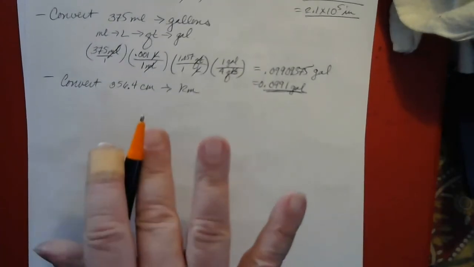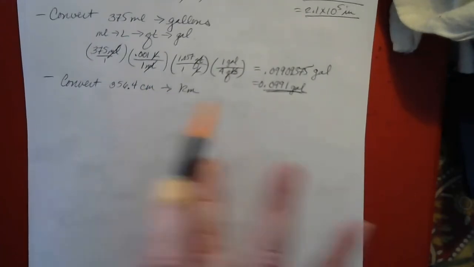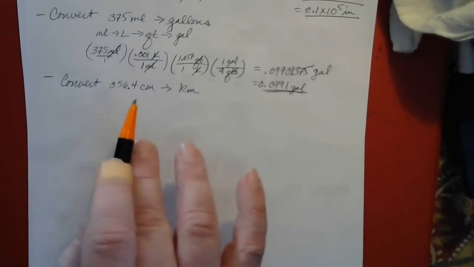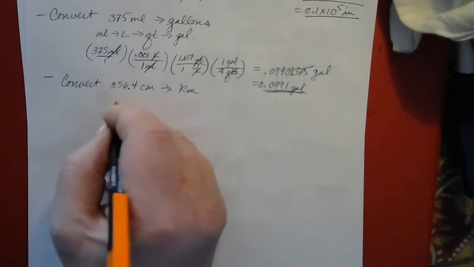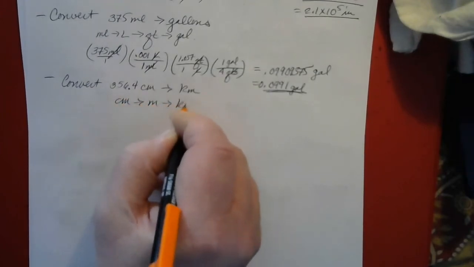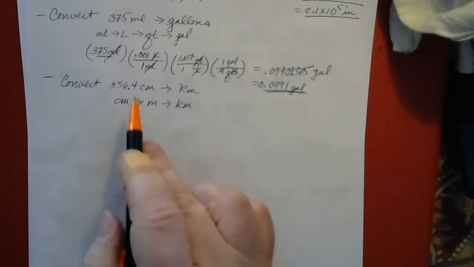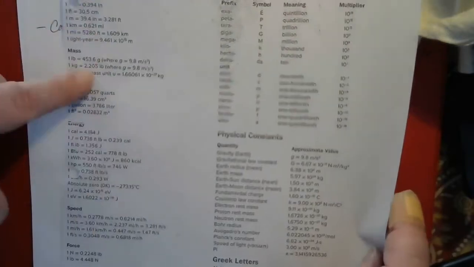What I would do in that case is stop off at the base unit along the way. So in other words, if you're going from centimeters to kilometers, go from centimeters to meters, and then to kilometers. Don't try to go directly from centimeters to kilometers. For one thing, metric conversions are not on this sheet.